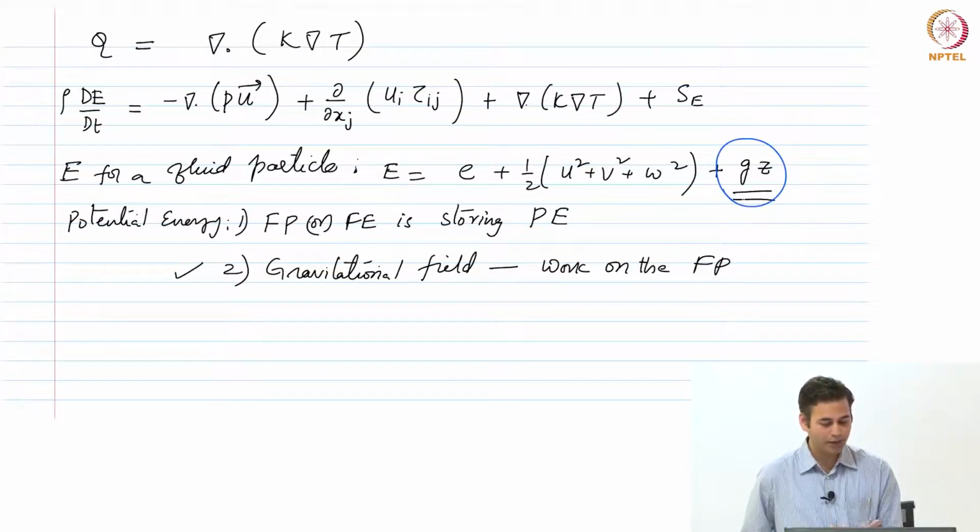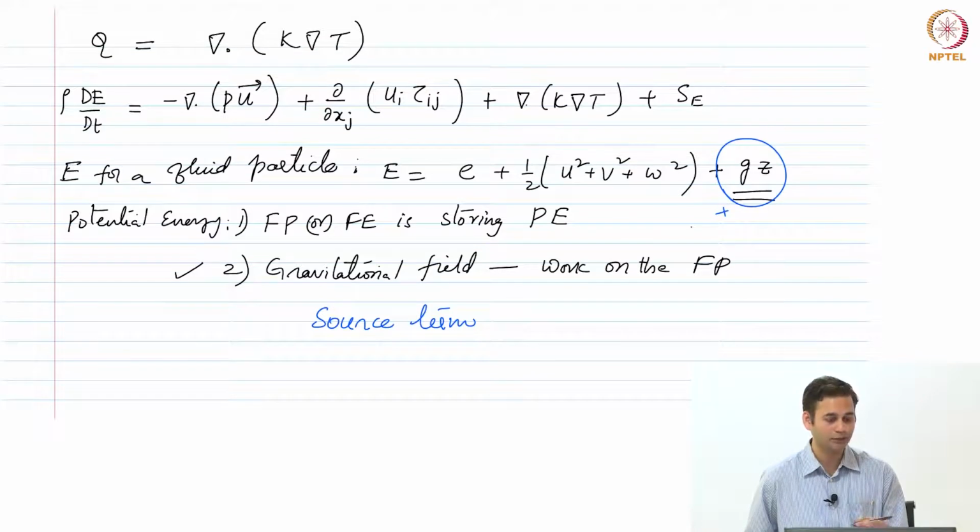Rather, we add a corresponding source term on the right hand side of the equation, which is basically the gravitational field doing work on the fluid particle, okay. Now we end up with only two terms, little e and half u squared plus v squared plus w squared.